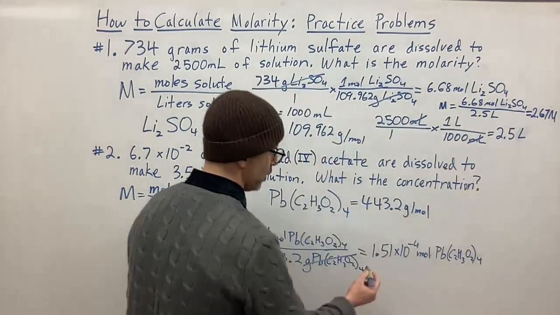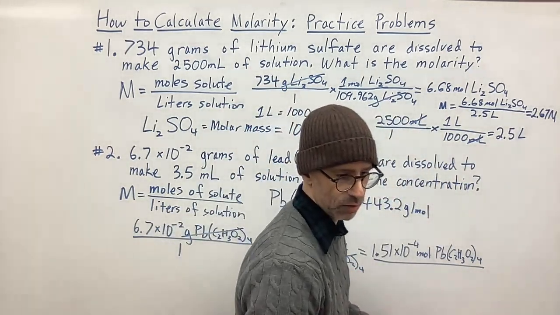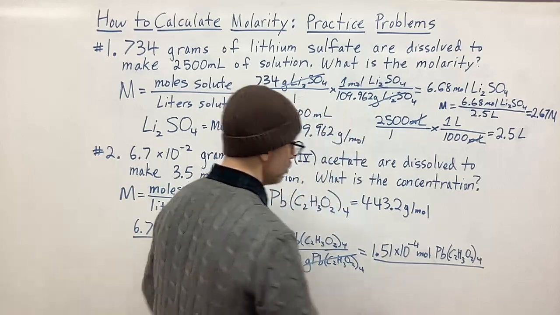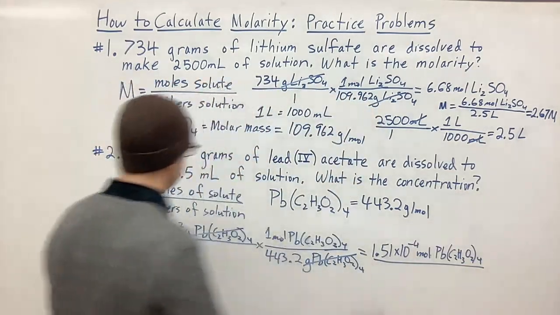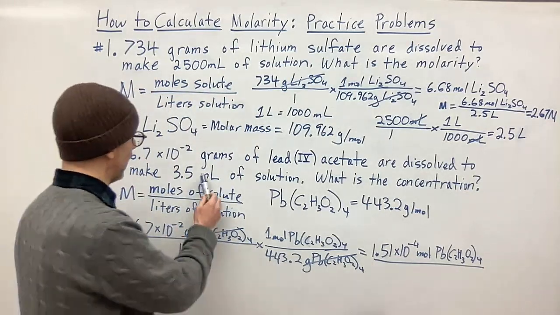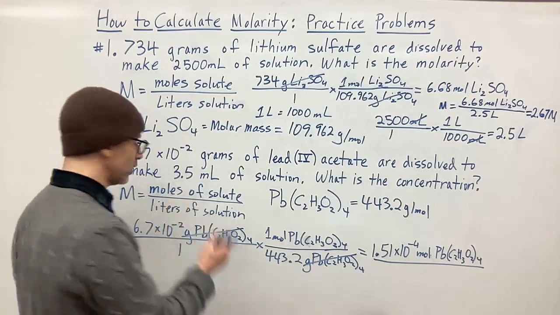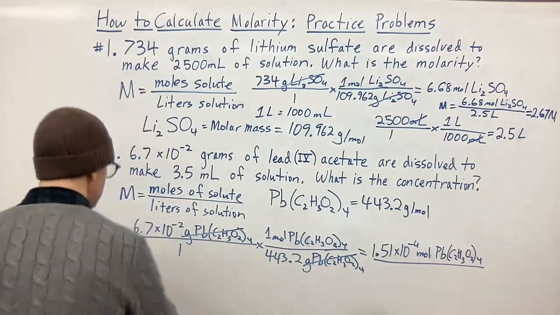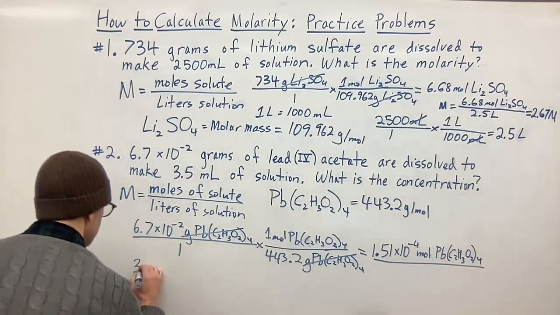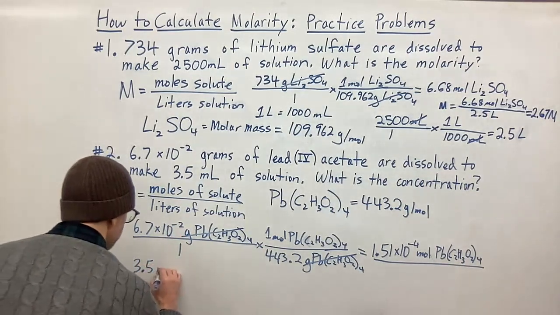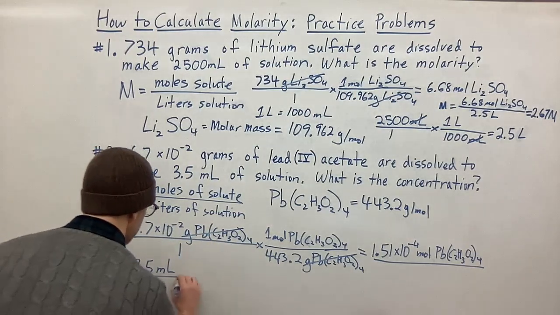Okay, so there's my moles. Let me double check, make sure I wrote this down correctly. Okay, so I have my moles of my lead 4 acetate. Now I need liters. They gave me 3.5 milliliters. I don't want milliliters, I want liters. So let's convert that. I have 3.5 milliliters of this solution over 1.